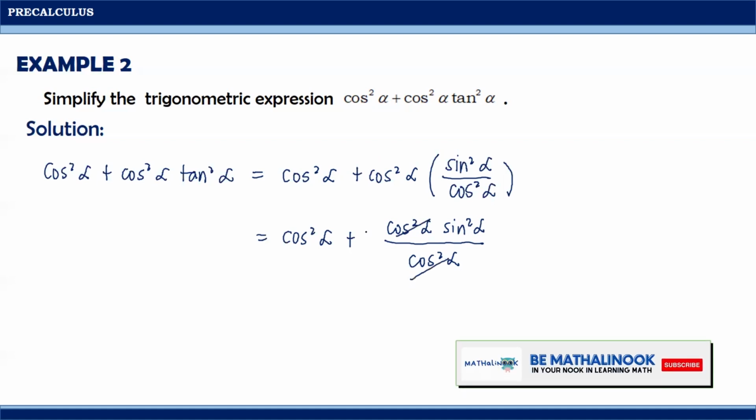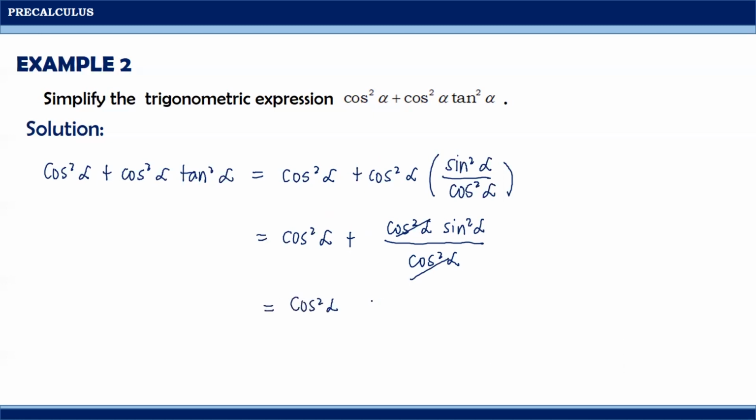So we can cancel it, giving us cosine squared alpha plus sine squared alpha. Using the Pythagorean identity, remember that cosine squared alpha plus sine squared alpha is actually equal to 1. Hence, the simplified form of the given trigonometric expression is 1.